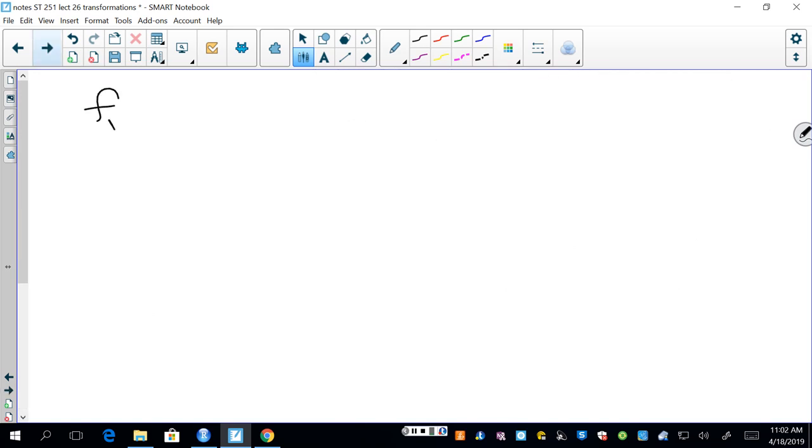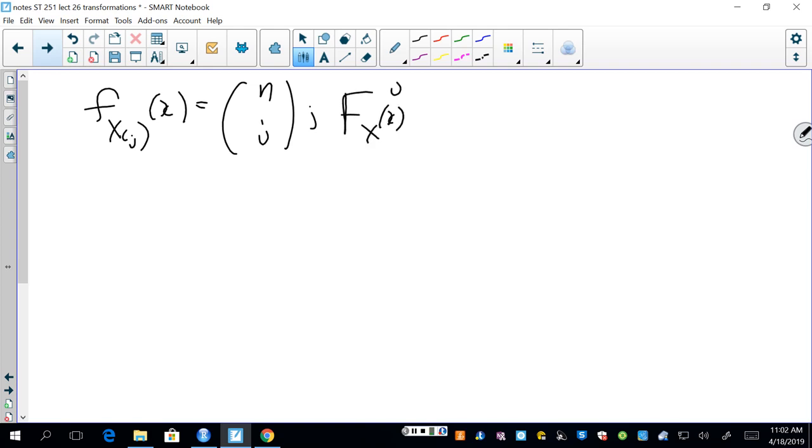The answer, the density function for the jth order statistic, turns out to be n choose j times the cumulative distribution function raised to the j minus 1, times 1 minus the cumulative distribution function raised to the n minus j, times the density.